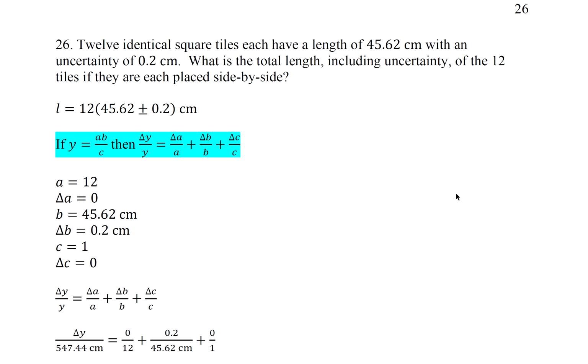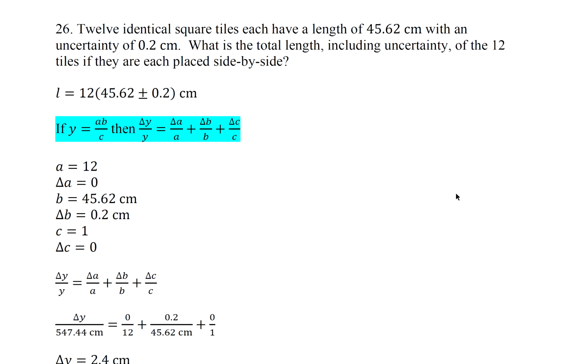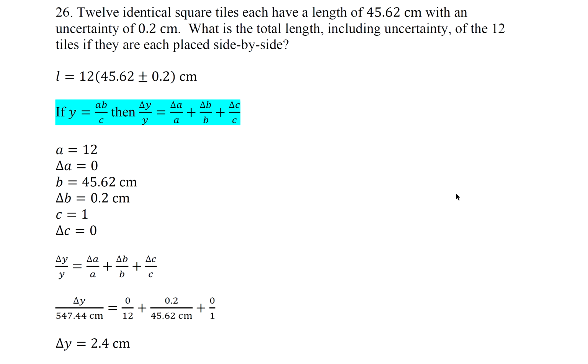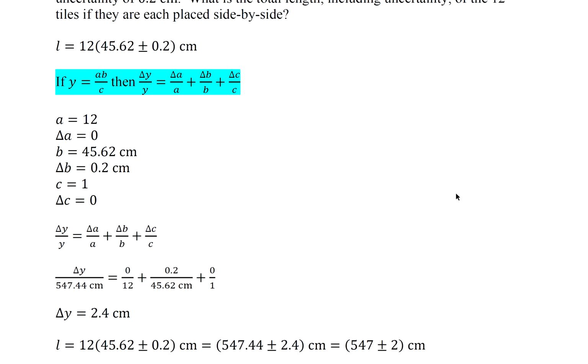We notice that we are multiplying. So 12 has an uncertainty of 0. So essentially we're just doing 12 times 45.62 to solve for y. And then we solve for delta y.